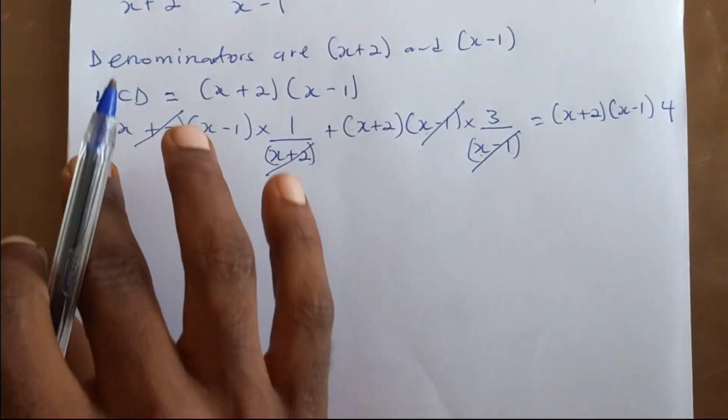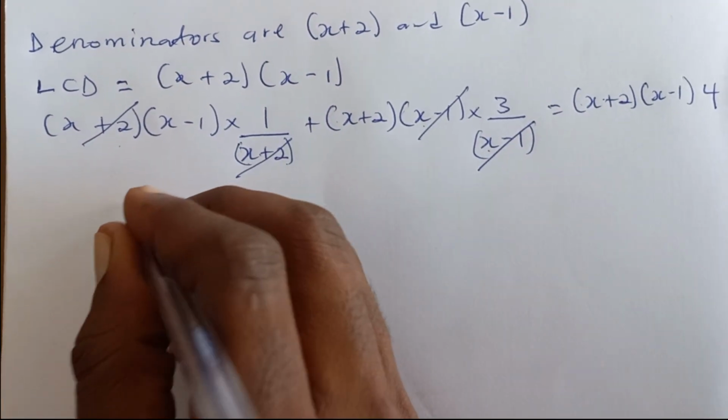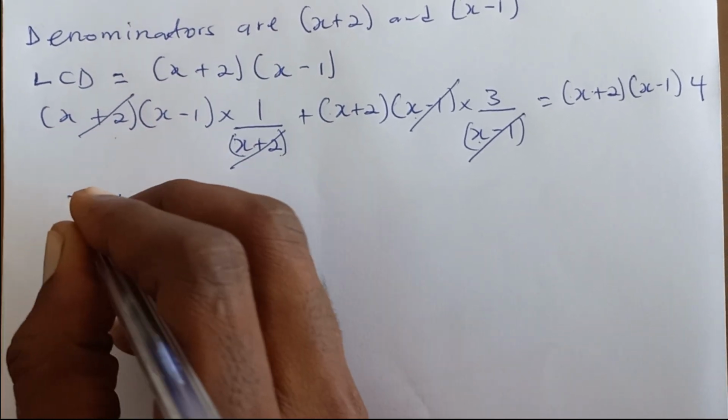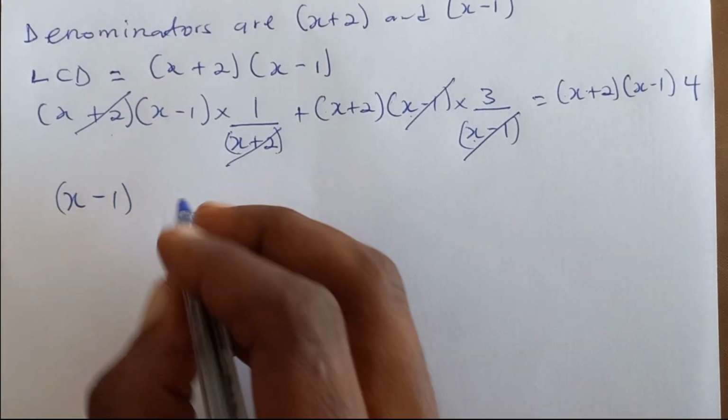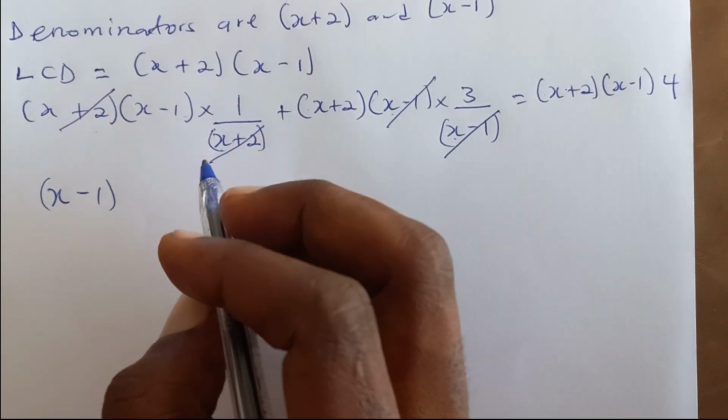Now we have to simplify the equation. We are going to get x minus 1 in brackets times 1, which is the same as x minus 1.